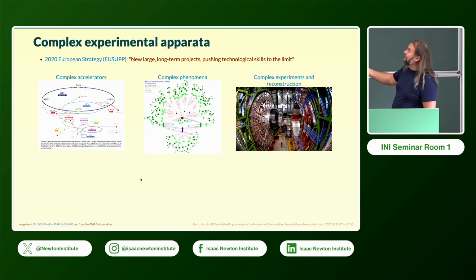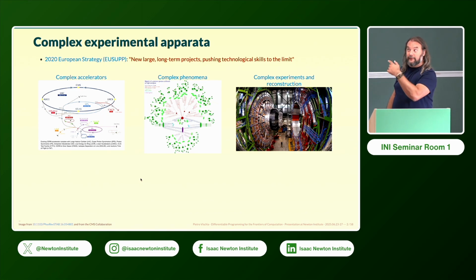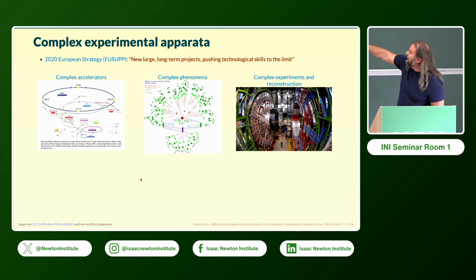And in order to detect these complex things, we need huge detectors, such as the ones that Christopher Bishop showed on the first day. That was ATLAS, and the one where I work is CMS.